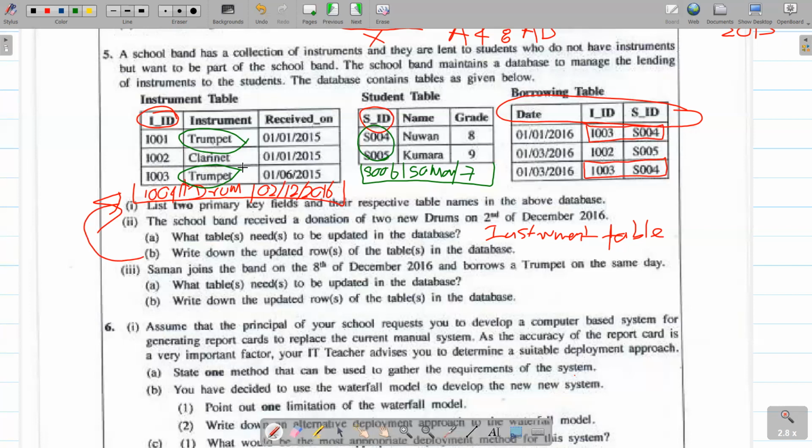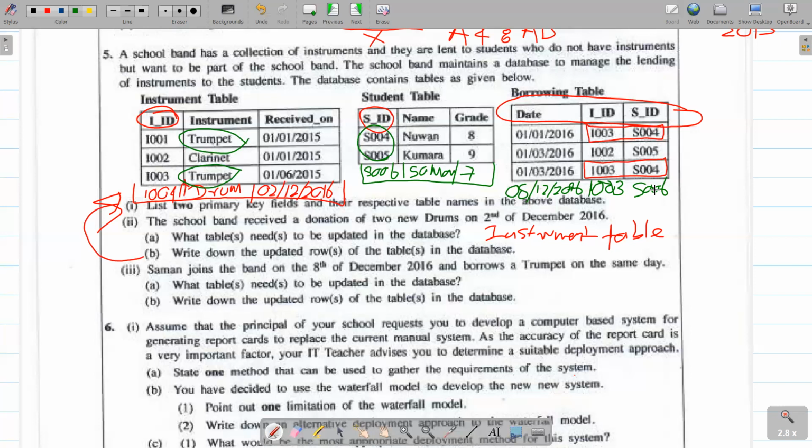So what we can do? Since it is December, far away, we can put it like this: 8, 12, 16, 1003, since it is a trumpet, S006, since the ID of the student is S006.